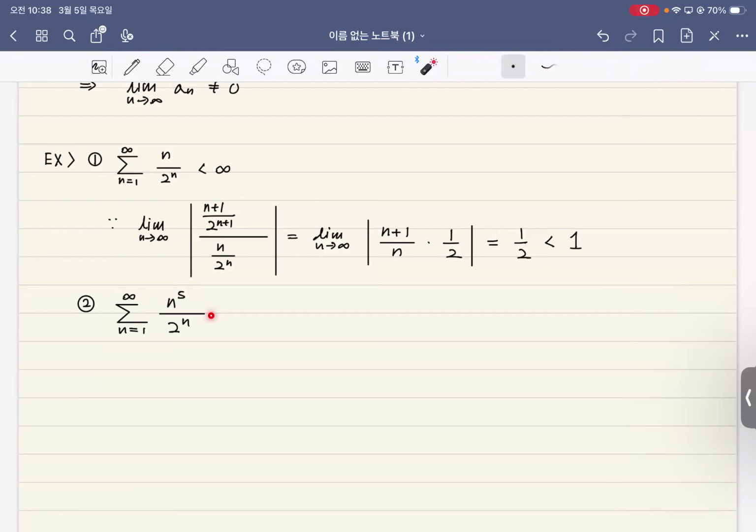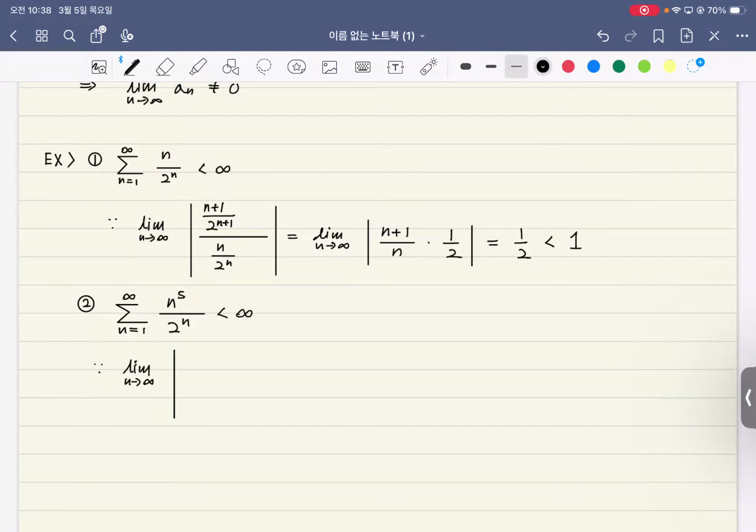Because even though this guy looks like it is increasing even faster than this one, this is just merely a polynomial. A polynomial of degree million will eventually increase slower than the exponential function. I can also prove that this one is convergent by using the ratio test.